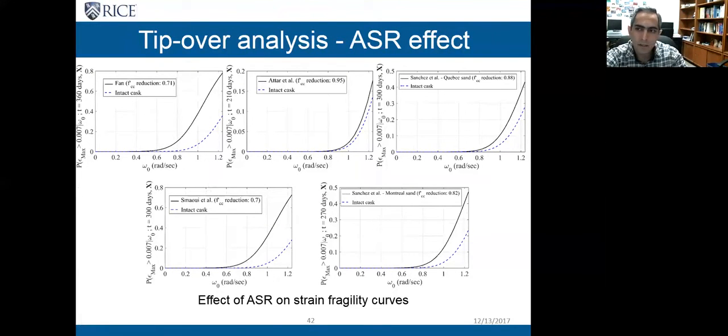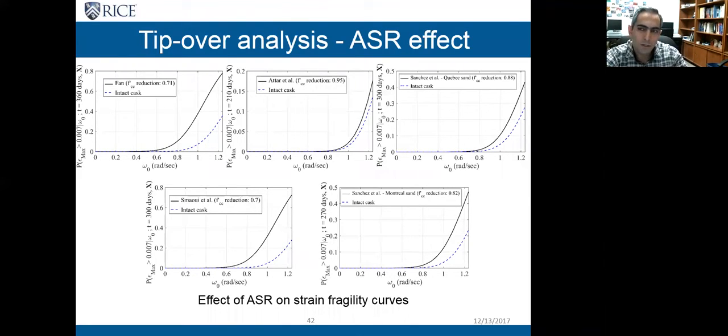Another application of the metamodel that I showed is studying the aging effects on the cask. As I mentioned, the casks have to be used for long periods of time, and aging is a threat. In these figures, I am studying the ASR effect on the casks.